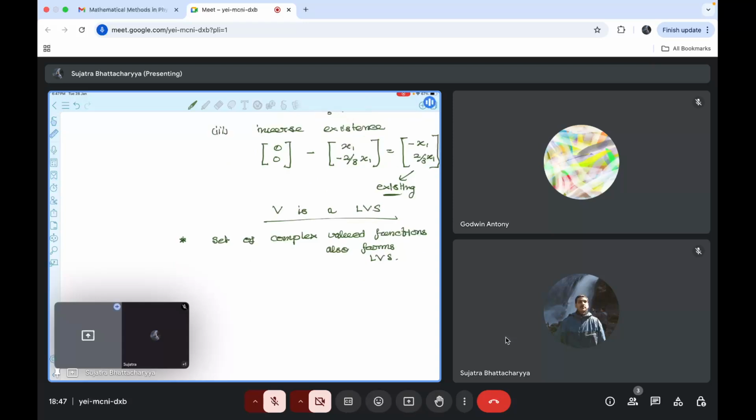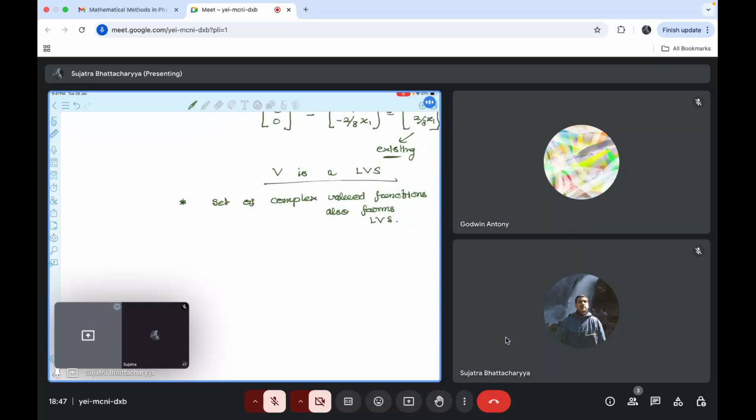This is one point which I wanted to highlight. So these are some questions we have seen about linear vector spaces: how we can say that a particular set of vectors really is a vector space or not.